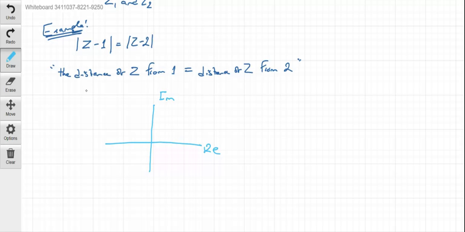And we would want to start off with the complex numbers 1 and 2. Remember, the minus is part of the format, so the complex numbers involved are z, 1 and 2. So let's mark where 1 and 2 are. Not the best diagram here, but let's say this was 1 and this was 2.